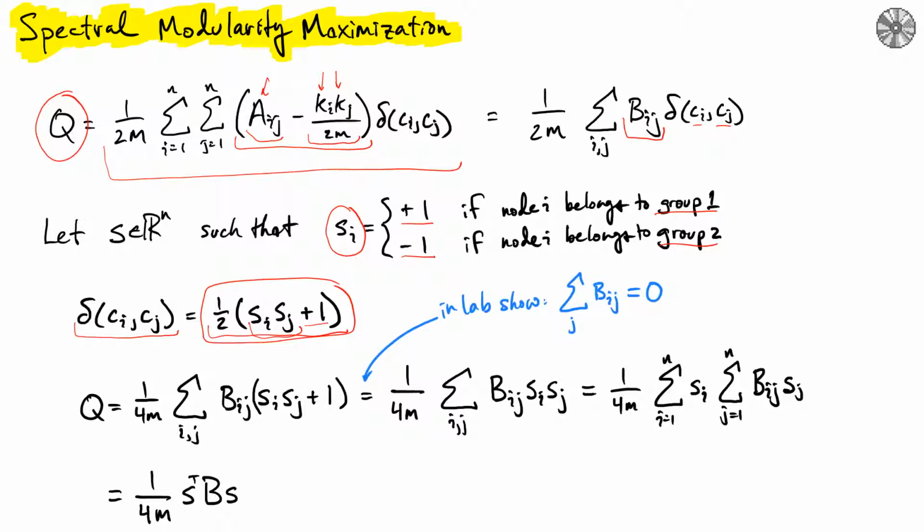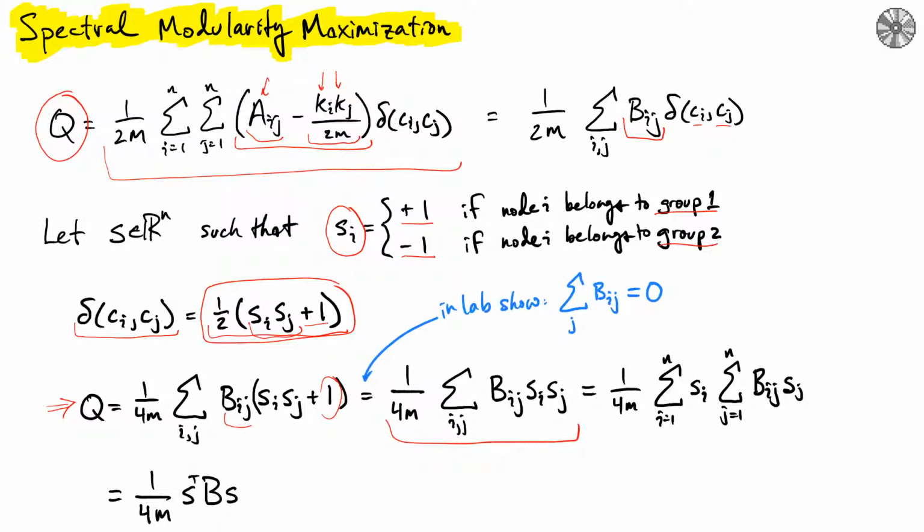So if we substitute that in for delta, then the equation for modularity becomes this. And in the lab, you're going to go through the process of showing that this plus 1 term, when it gets multiplied by this B_ij, ends up going away. And so that leaves us with just this term, which if you rearrange using the index notation, you'll realize is actually two matrix multiplications.